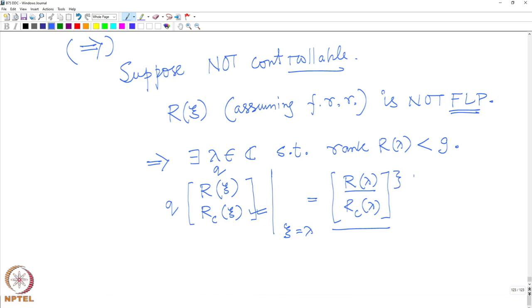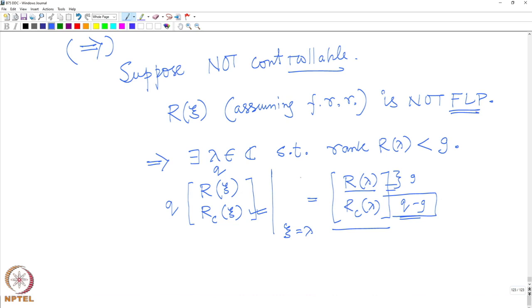How many rows are there? g. This supplies q minus g some extra rows, but even if these are all linearly independent, and linearly independent with these as well, it does not save us from losing the rank, because the first few rows already are losing rank.